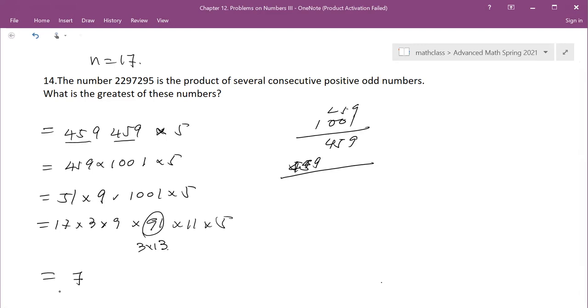Do we miss any number? Yes, divide by 13. This is a 7. So 7 times 13. So we begin with 7, and then 9, because these are the other numbers. Then 11. You cross these off one by one, then you list them. Then 9 and 7, then 13, then 3 times 5, 15, then 17. That's all we did.